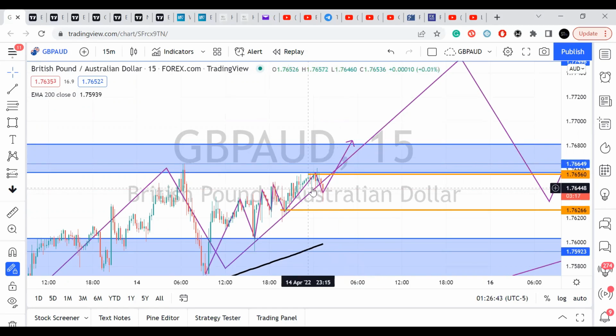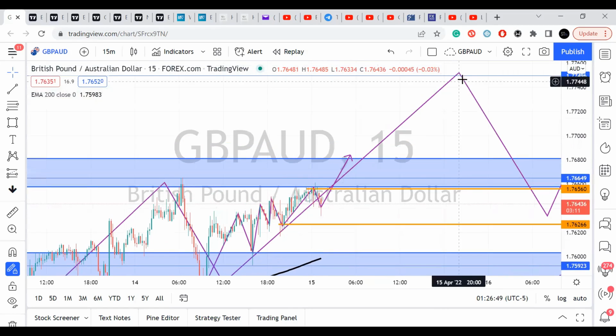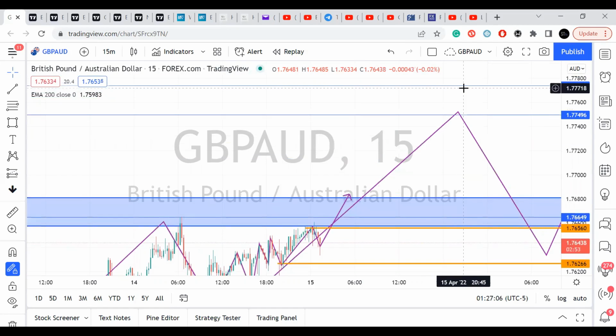If this thing breaks now, once this thing can break out of here, I will just hold it. If it didn't hit my TP, I will not close at market close. I will not come out of this trade. I will hold it to market open and hit my TP. I will not set an instant sell here, because it might not trigger here. It might trigger on this one.